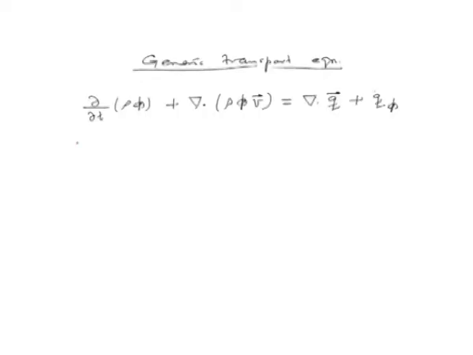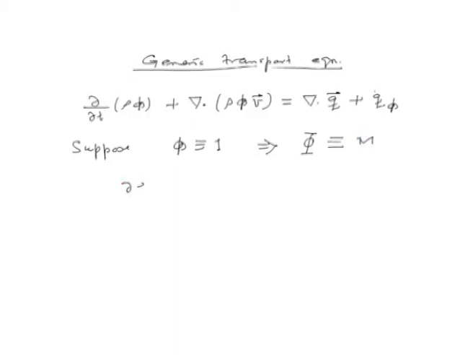So, suppose we take phi is equal to 1. What does that mean? That is, the transported quantity capital phi must be mass. So, if you substitute phi is equal to 1 in the previous equation, what do we get?